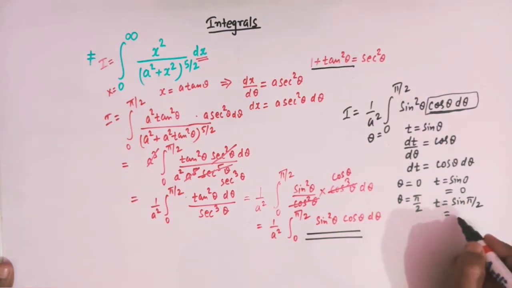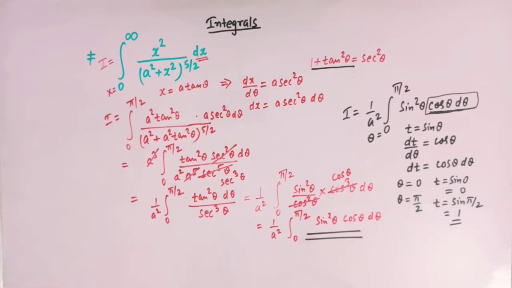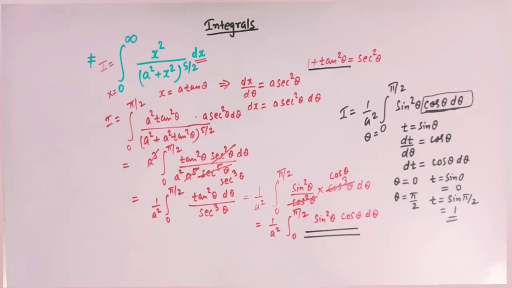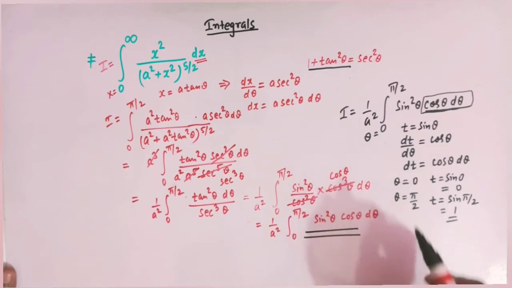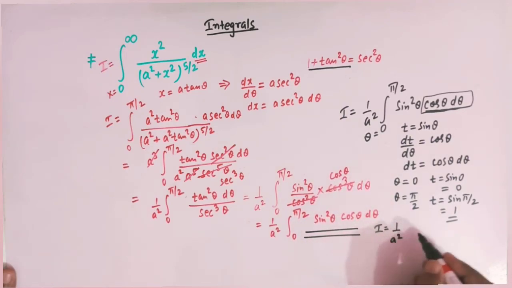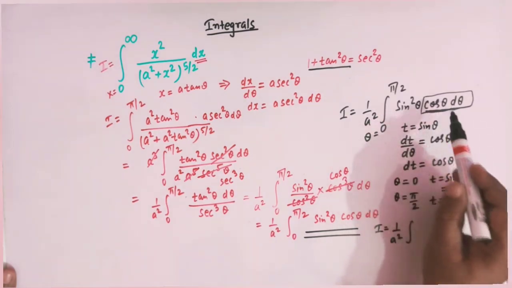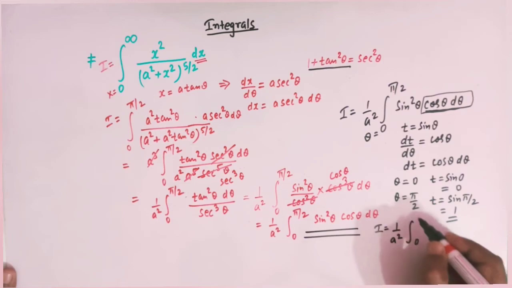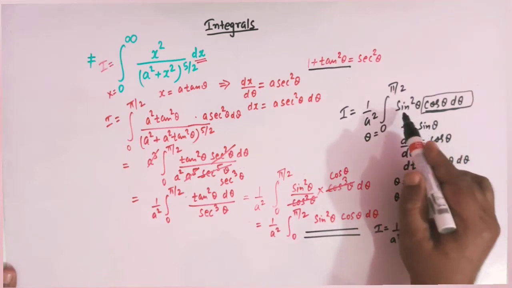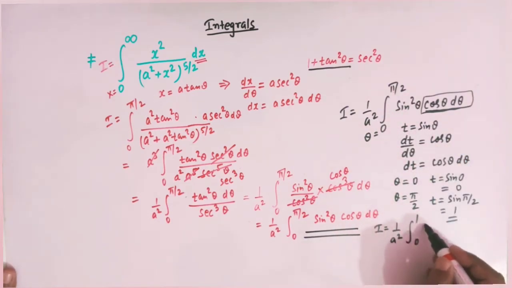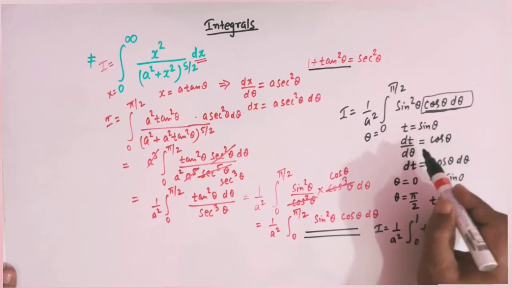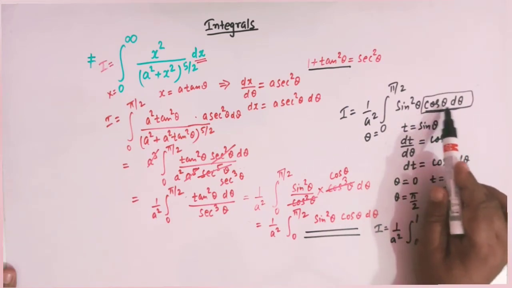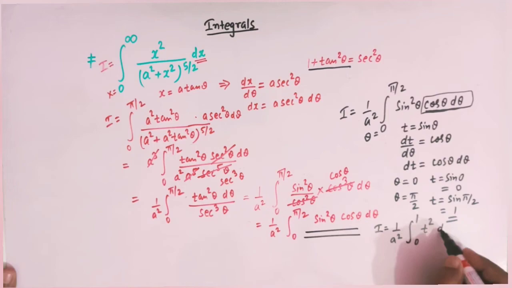And sine pi by 2 is equal to 1, right? So now this integral I takes the form 1 over a square, and now in terms of t, we can write this integral as 0 to 1, and for sine square theta we have t square, and for cos theta d theta we have dt, right?